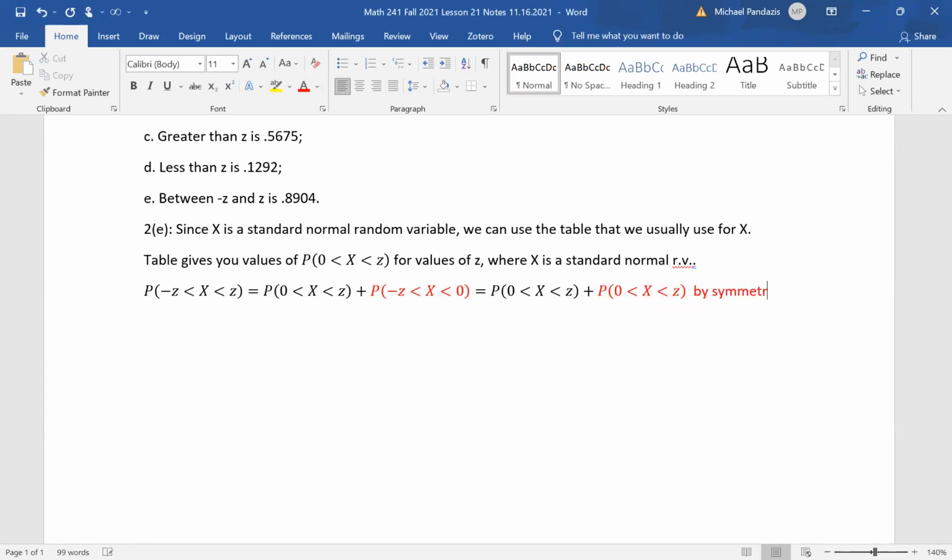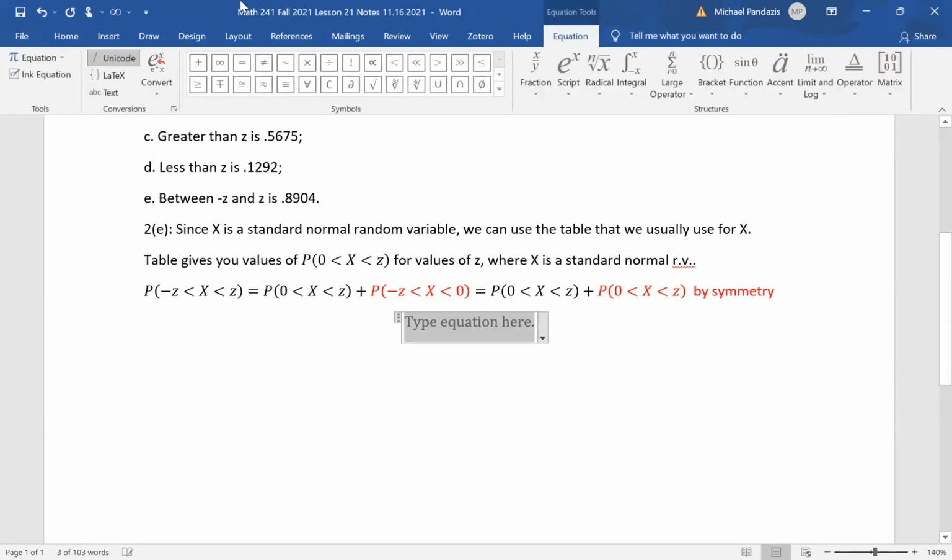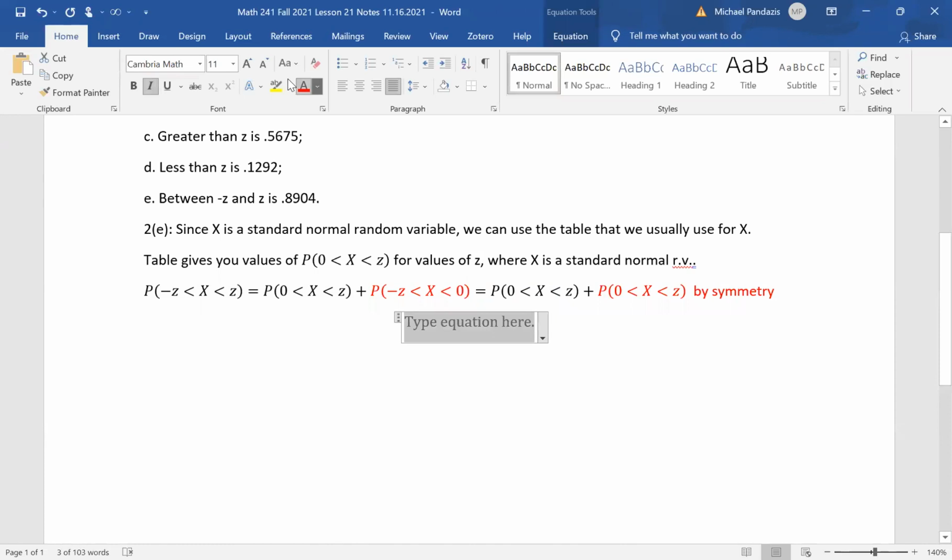I put the red there because that corresponds to the reason the two red terms are equal. So this is equal to 2 times the probability that 0 is less than X less than little z.